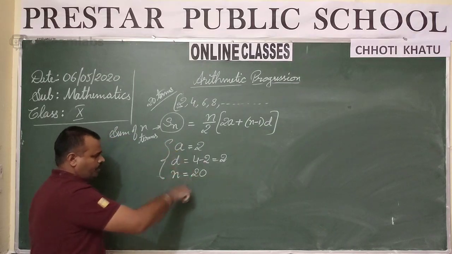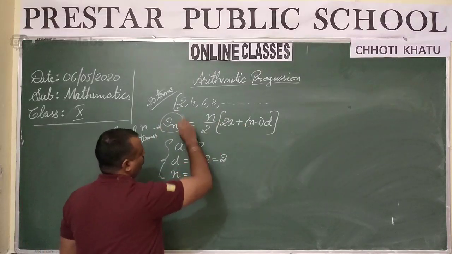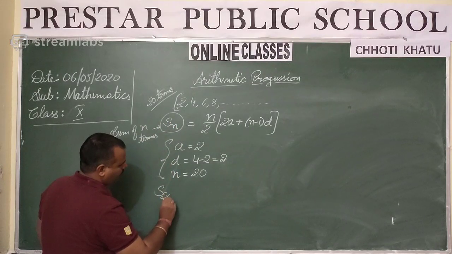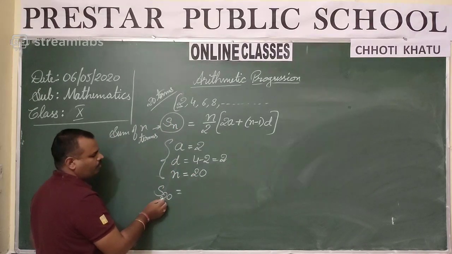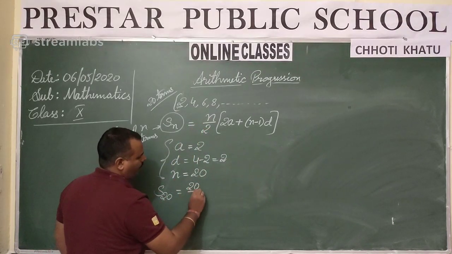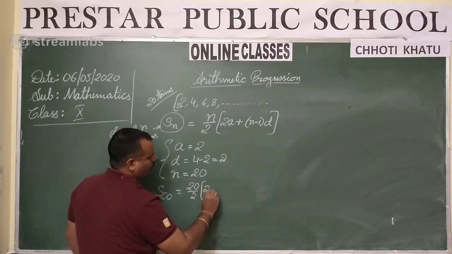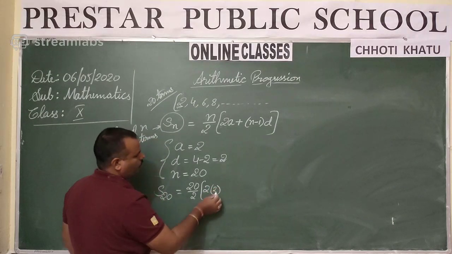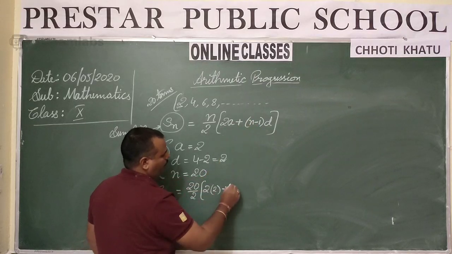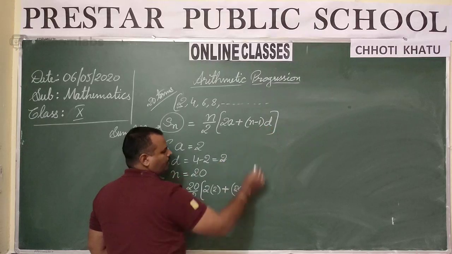So using this relation, we can find the sum of 20 terms. So Sn will be written as S20 because here the number of terms is 20. So S20 equals n upon 2, that is 20 upon 2, multiplied by 2a, so 2 multiply 2 because a is 2, plus n minus 1, again n is 20, so 20 minus 1 multiplied by d, this is 2.